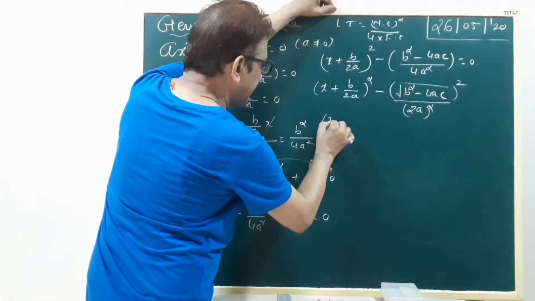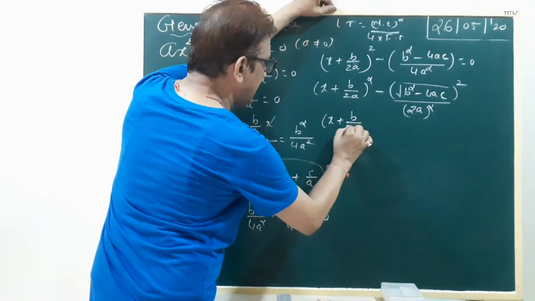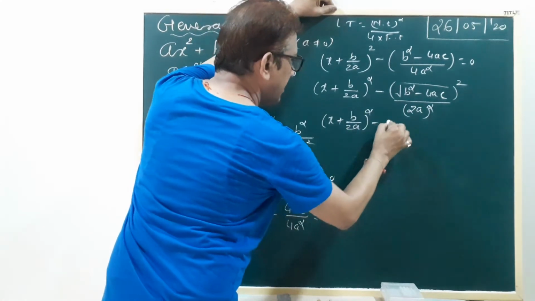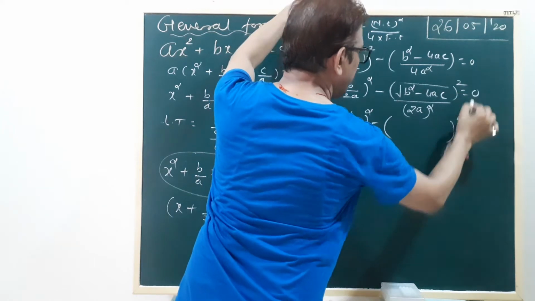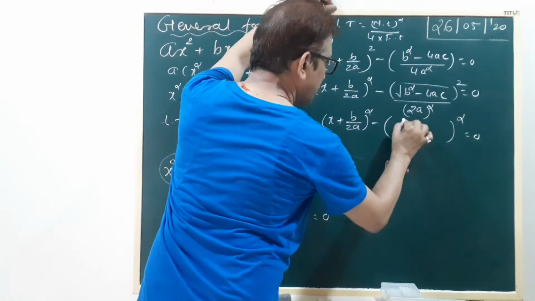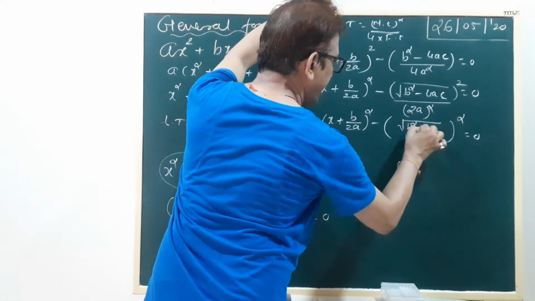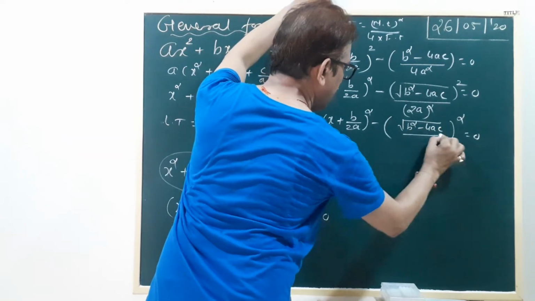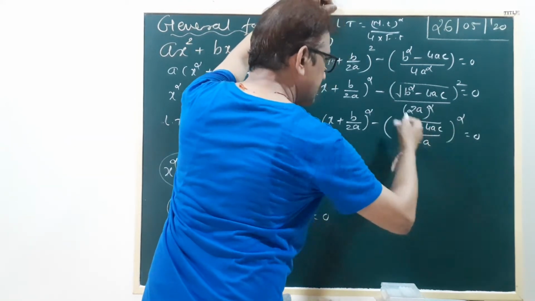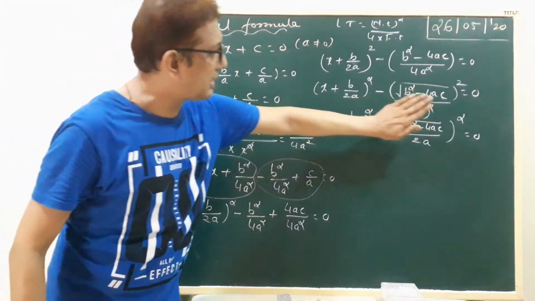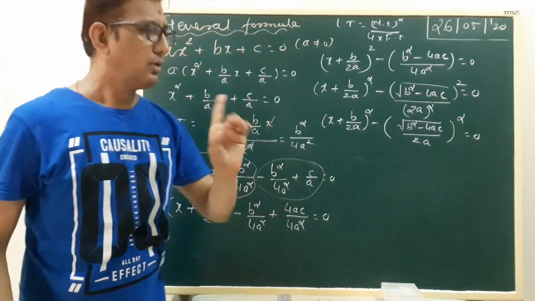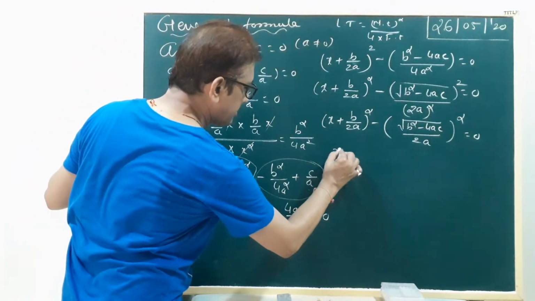Again we arrange the terms: x plus b upon 2a whole square equals, in the numerator, b square minus 4ac upon 2a, whole square. Now apply the formula a square minus b square: one time plus, one time minus.